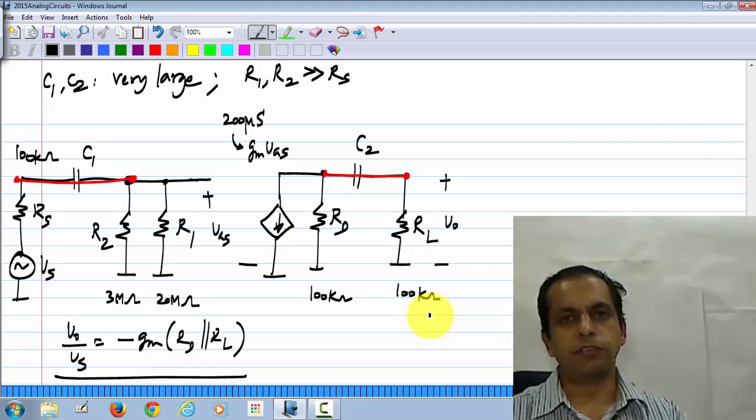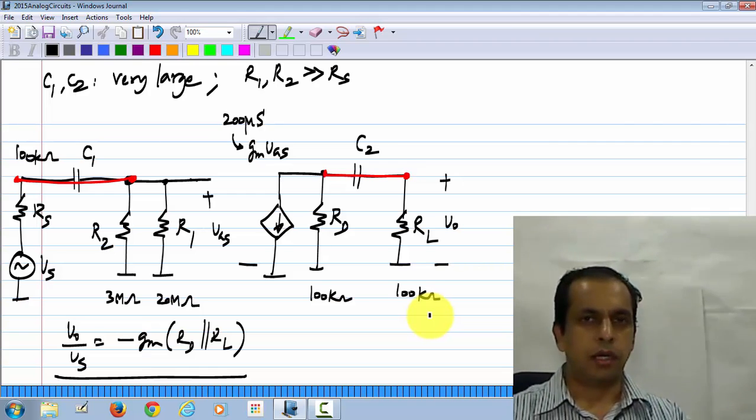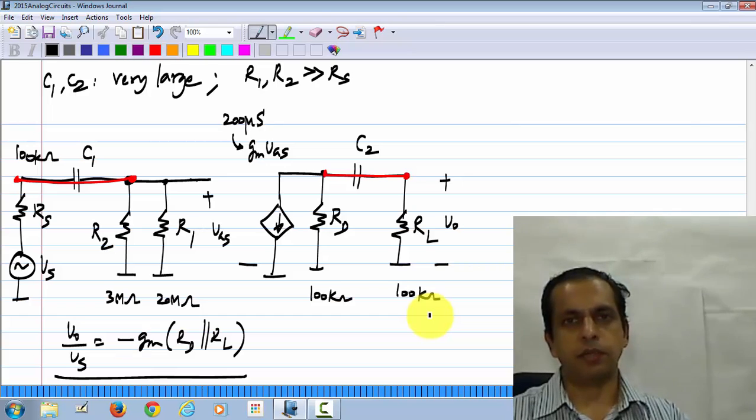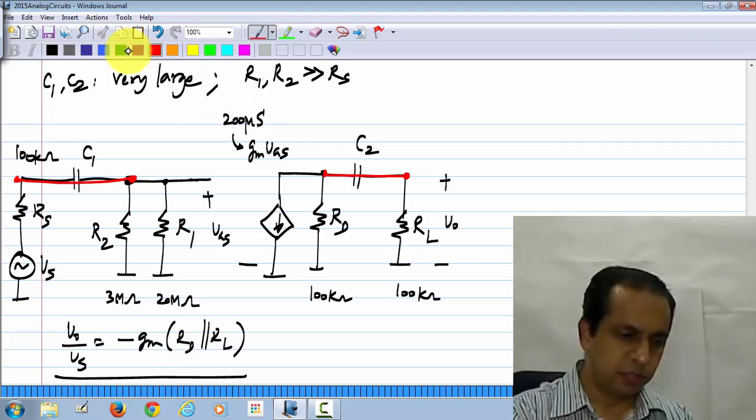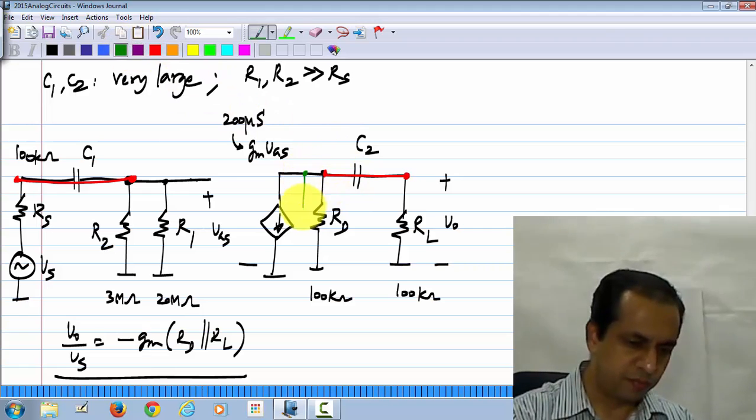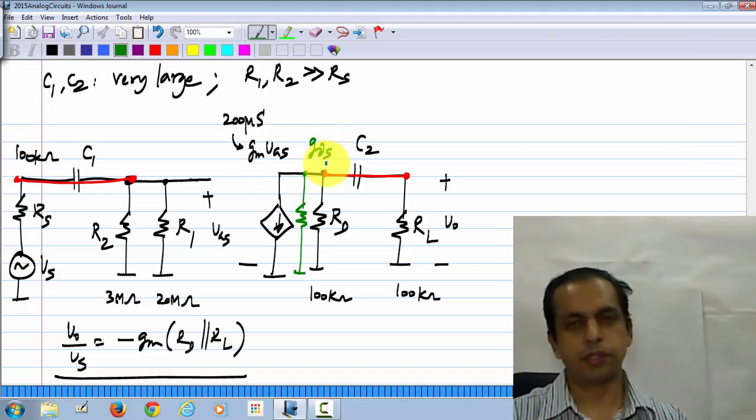Now, what is the effect of channel length modulation? Across the drain and source of the MOS transistor, we have a small signal conductance GDS. Okay. So, we have this additional conductance GDS.